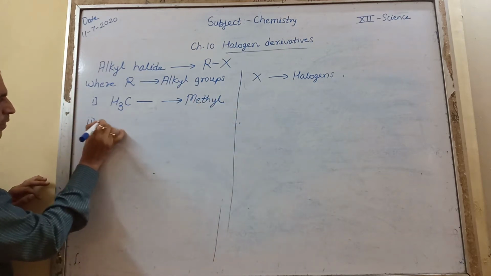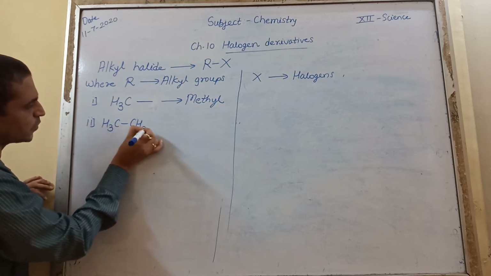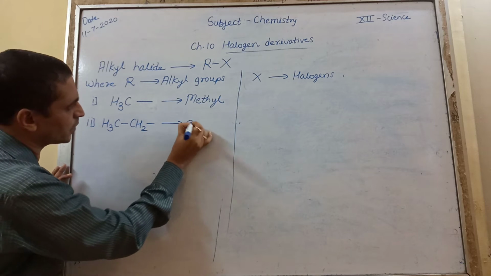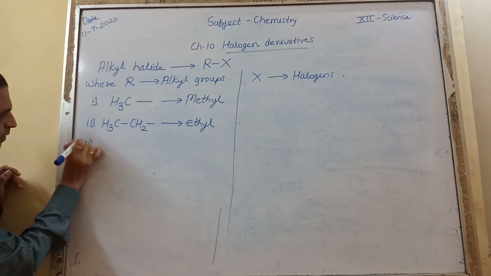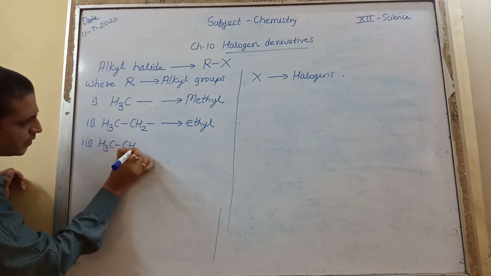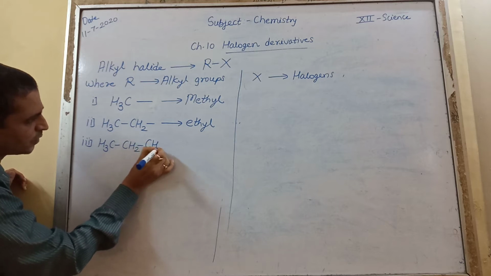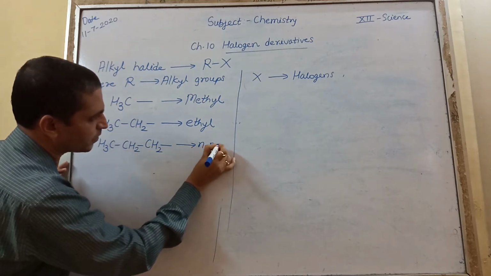Similarly, H3C CH2, it is ethyl. H3C CH2 CH2 having single valency, it is n-propyl.